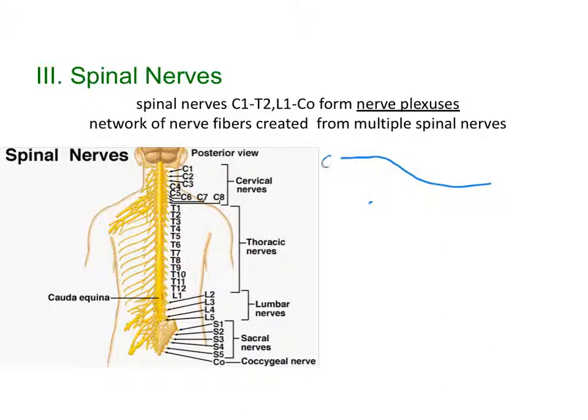So if we have C1, C2, C3, and I'll follow these with colors, you can see C2 would go out and crisscross, basically making it a big jumble of different nerve fibers. And so if you look within these regions, basically the structure of a plexus is where you have the combination and then separation of nerve fibers as they move out towards their target tissue.